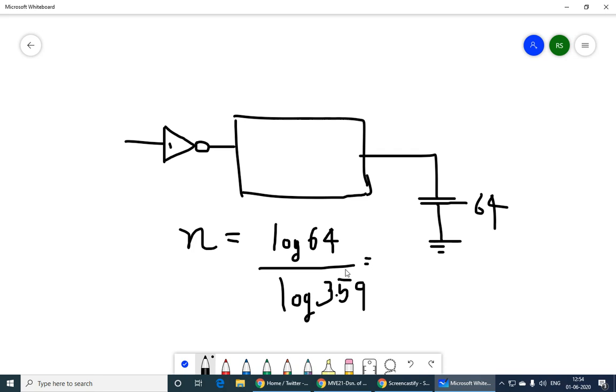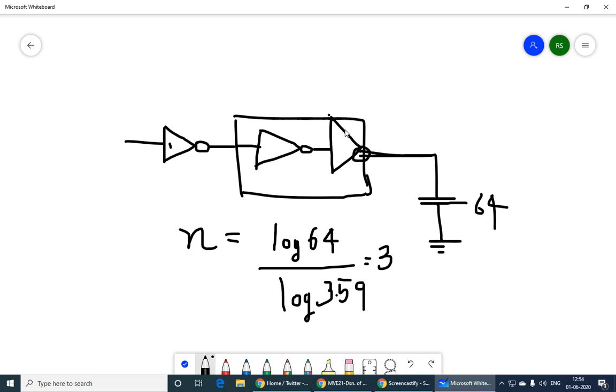If you solve for this, you should get about 3.25, and since it's a number of stages, we are going to round it off to 3. This means that our inverter chain, including this inverter, which is also part of the chain, has 3 stages, which means successively larger inverters, and the final inverter is driving the output. We want the sizes for this and this.